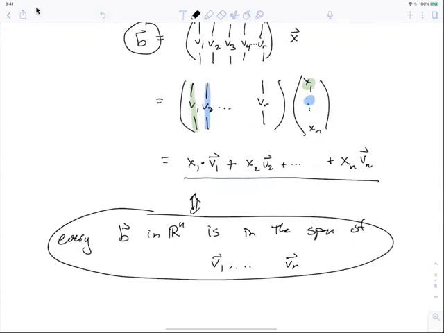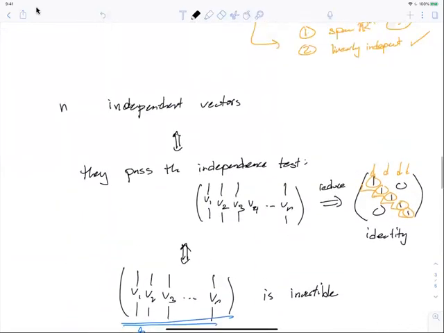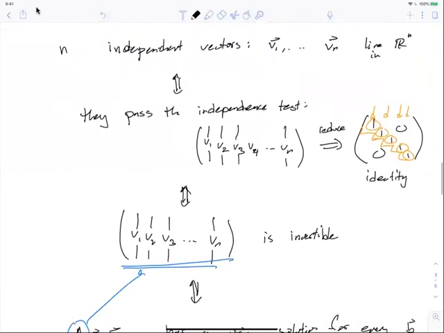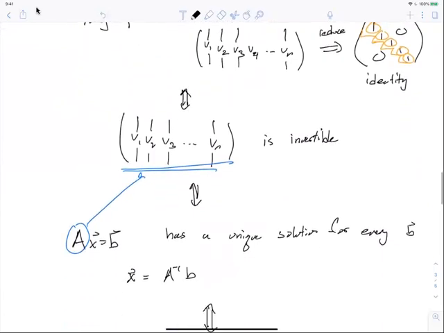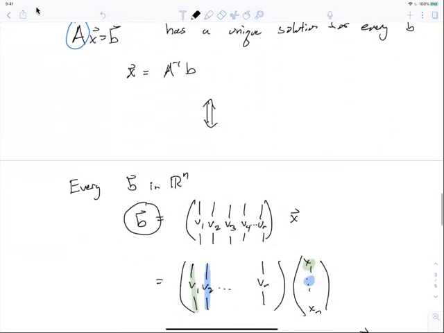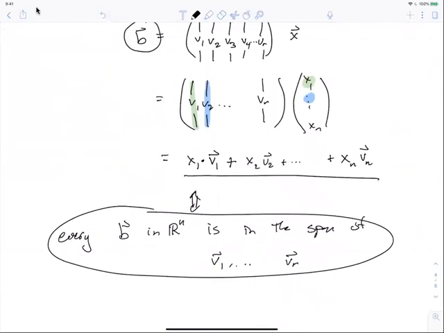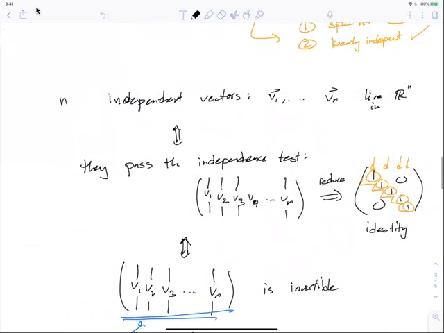So what does all this mean? This means that if we started all the way up here, if you have n independent vectors, V1 through Vn, that live in Rn, they have to pass the independence test, which means that the corresponding matrix is invertible, which means that there's a unique solution, which means that you can write every vector B as a linear combination of those original V1 through Vn, which means that every B in Rn is in the span of this, and that's exactly what we were missing up here.